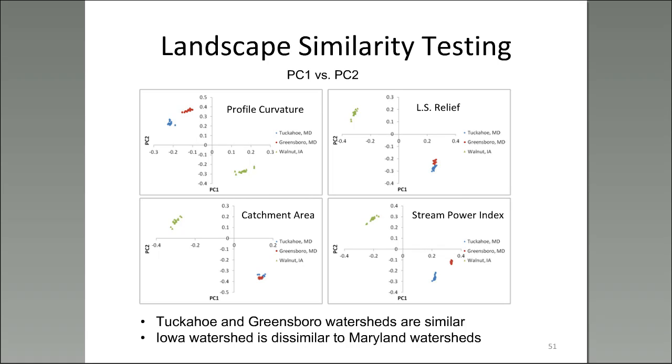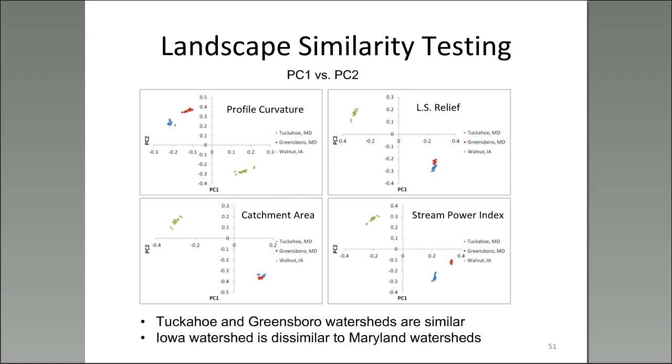So this indicates that the Iowa watershed is different than the Maryland watershed, and that if you were to develop a model in Iowa, in all likelihood, you should not try to apply it to a Maryland watershed.